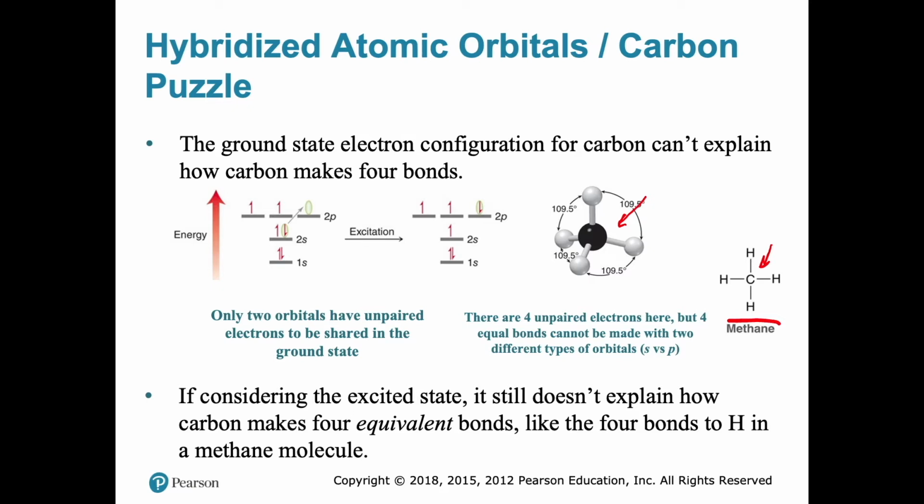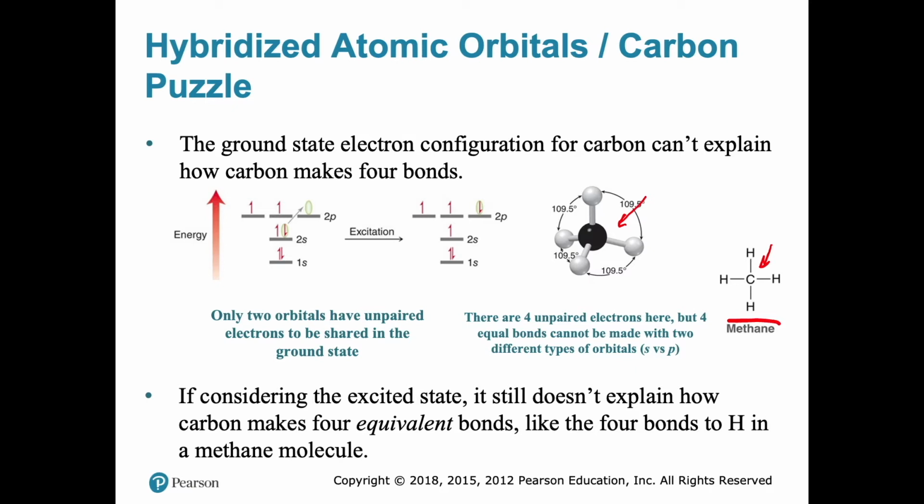The angle from here to here is 109.5 degrees. The angle from here to here is 109.5 degrees. The angle from here to here is 109.5 degrees. So what that suggests is that since they are all equal distance from each other, they are all bonding to the carbon with the same energy, right? They're all equal energy, each one of those bonds.